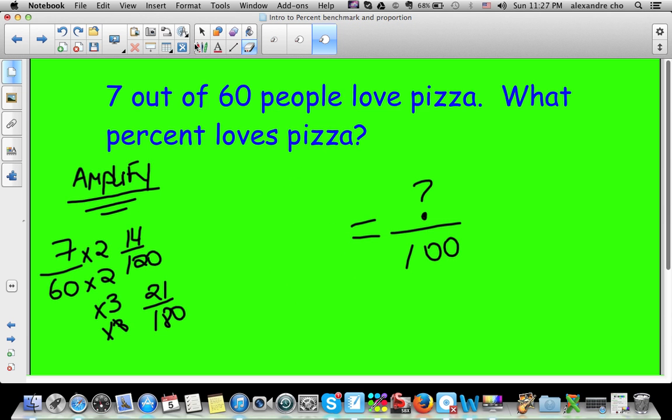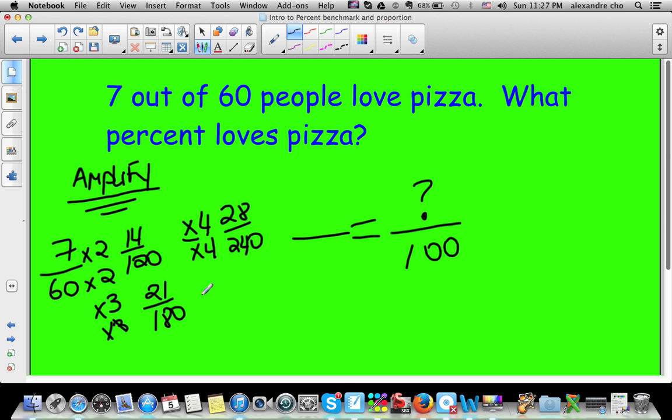We're increasing it by the same factor. So times 4. Okay, let's see what happened when it's times 4. 7 times 4 is 28. 60 times 4 is 240. And that also wouldn't work. There's no relationship between 240 and 100.